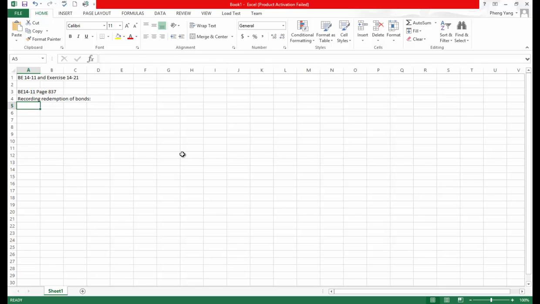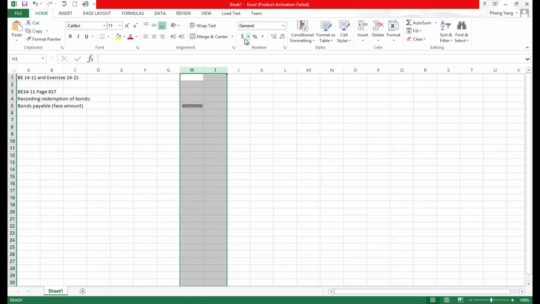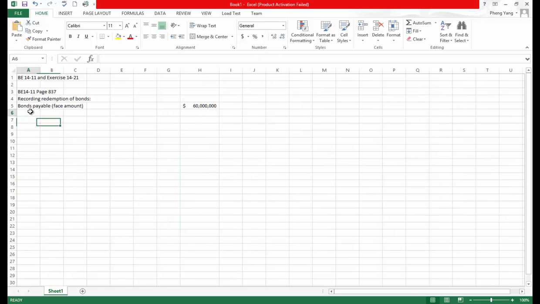All right, so we know that we're going to retire the bonds. So we're gonna take them off the books at the face amount, and it's for 60 million. We know that we're going to take the discount. We know that we're going to pay cash.